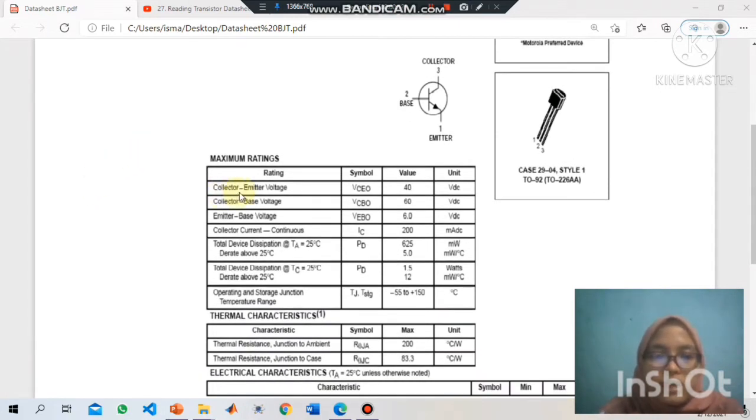For the collector emitter voltage, the maximum value that the transistor can withstand is 40 volt.